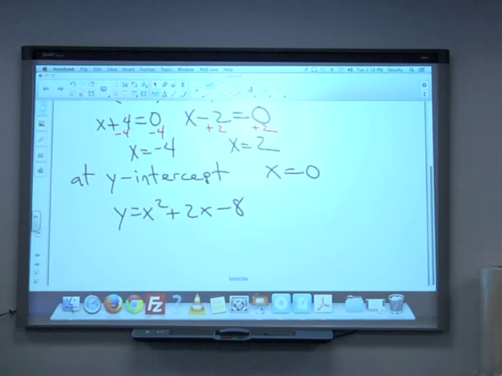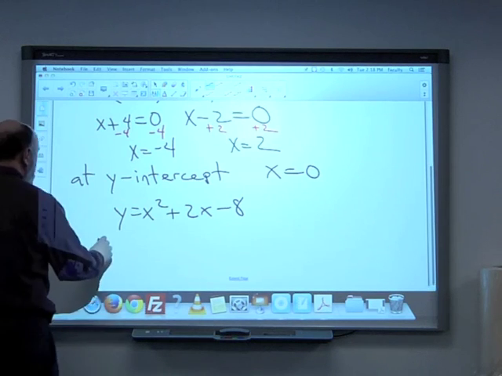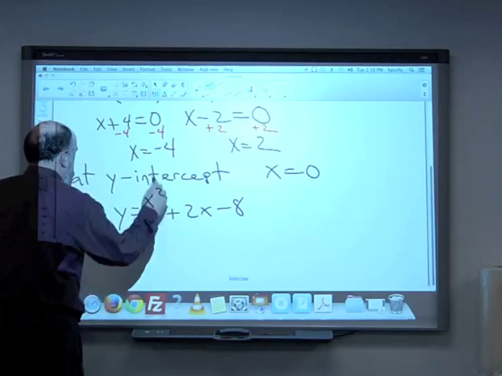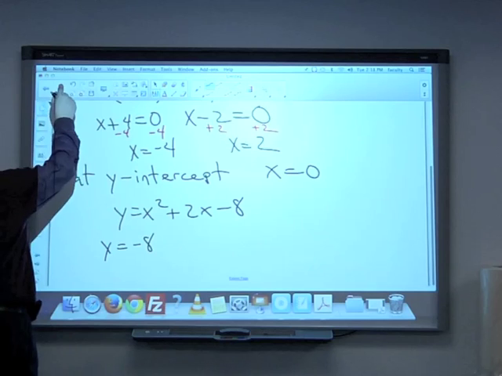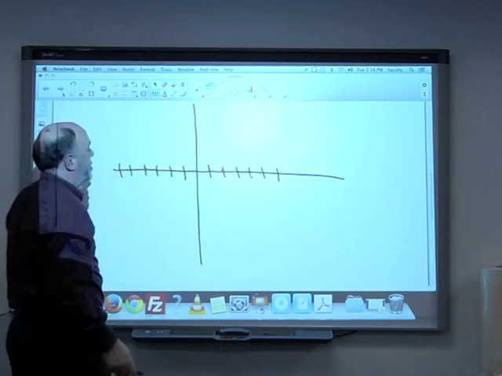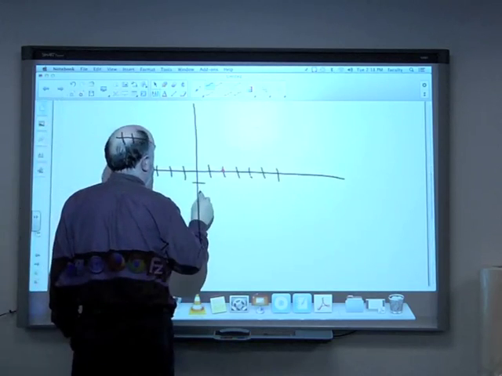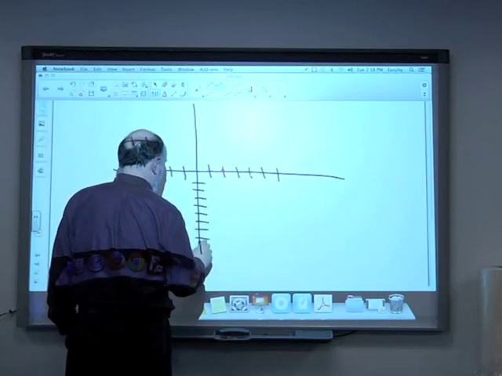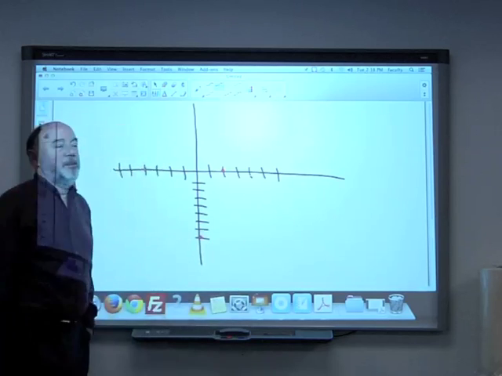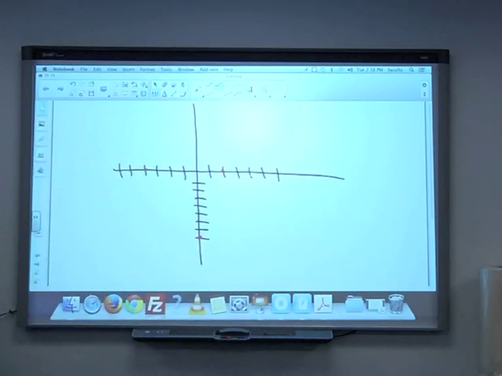So I know the y-intercept is going to be -8. So let's plot that on our graph. There's that point. Okay. So we have 3 points on our graph so far. So now we need to know what happens everywhere else in between.